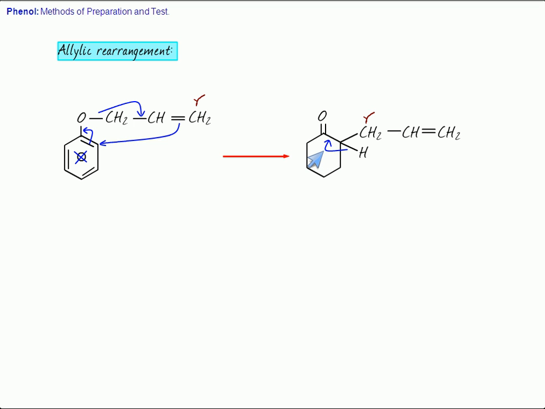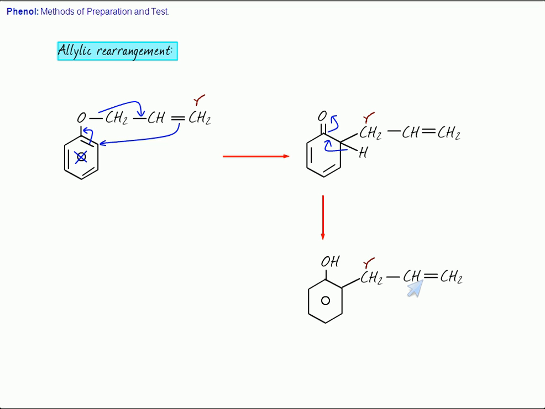This will aromatize. So from this we'll also get phenol, and the other part of the chain as usual, CH2, the gamma carbon, CH double bond CH. So these are some of the important methods by which we prepare phenol.